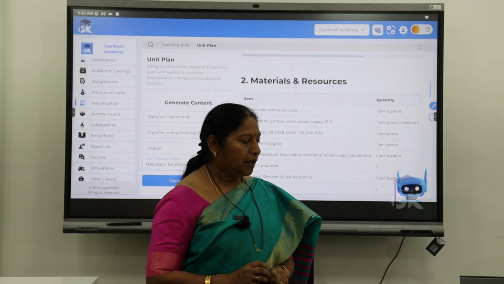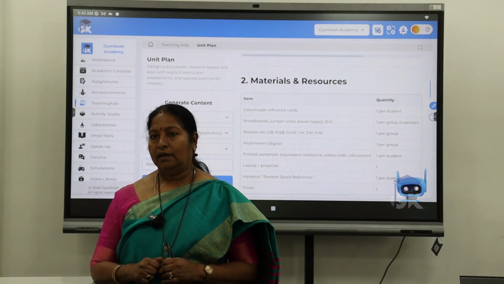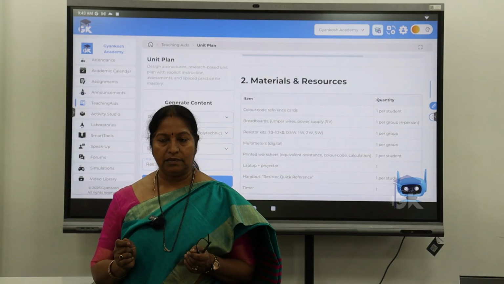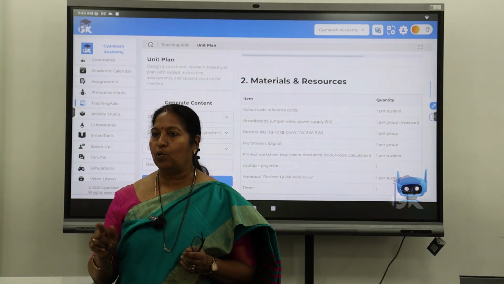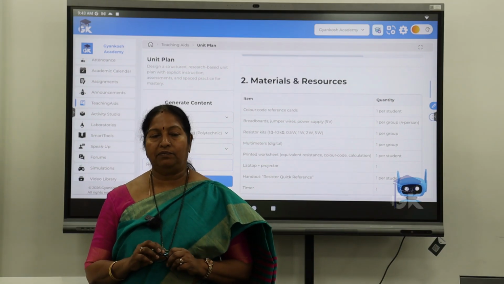As I said, even for a small conducting wire, if you measure the resistance, we know that R equals rho L by A. What is rho? Resistivity.